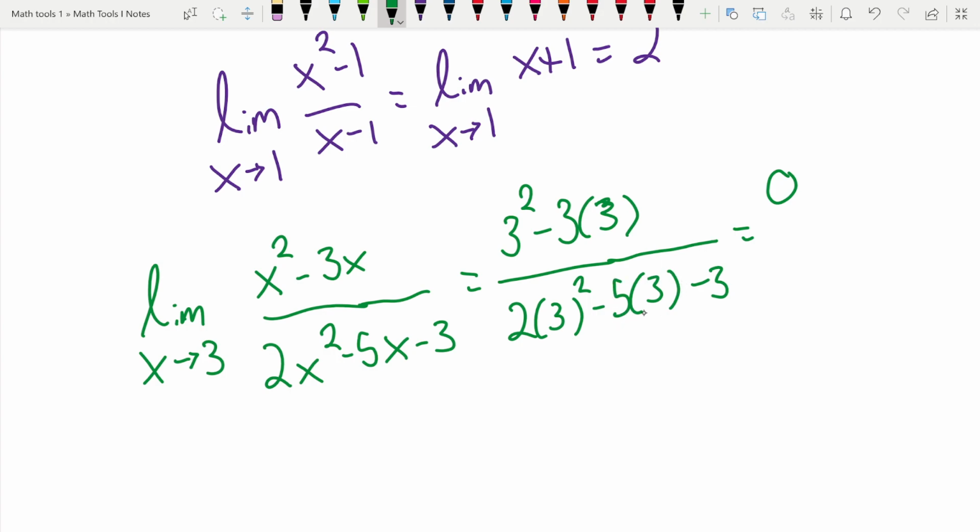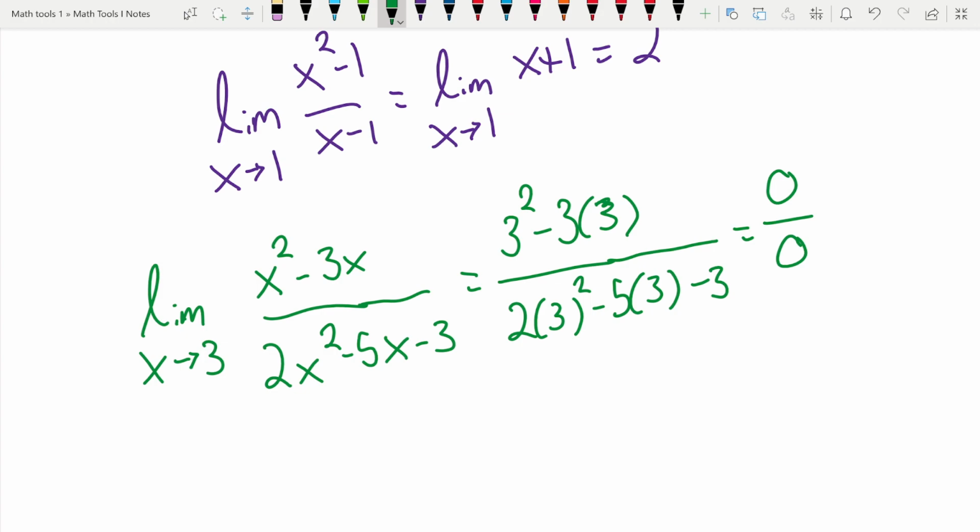Oh, I'm sorry. This is 3 squared, not 2 cubed like my brain said it was. So this is 9 times 2, which is 18, minus 15 minus 3. So this will be 0, right? So 18 minus 15 minus 3. So we get 0 over 0.